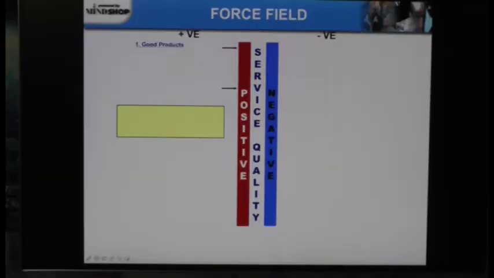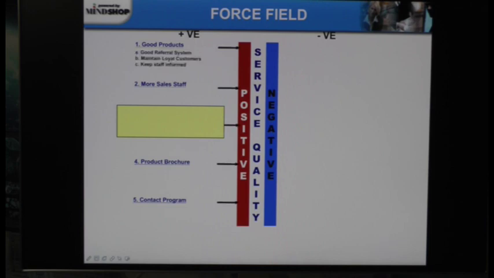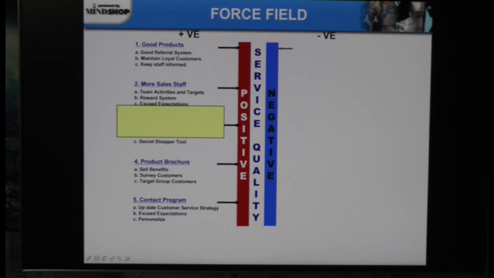So a force field basically identifies that for any new decision, or even working on existing decision making, there are always forces, positive and negative. And here you've got examples of how a business can improve its service quality.